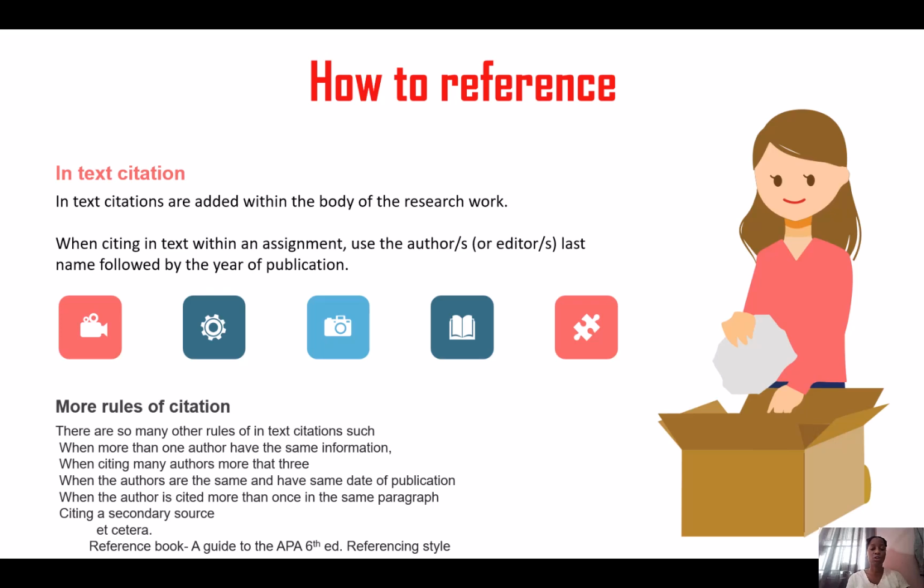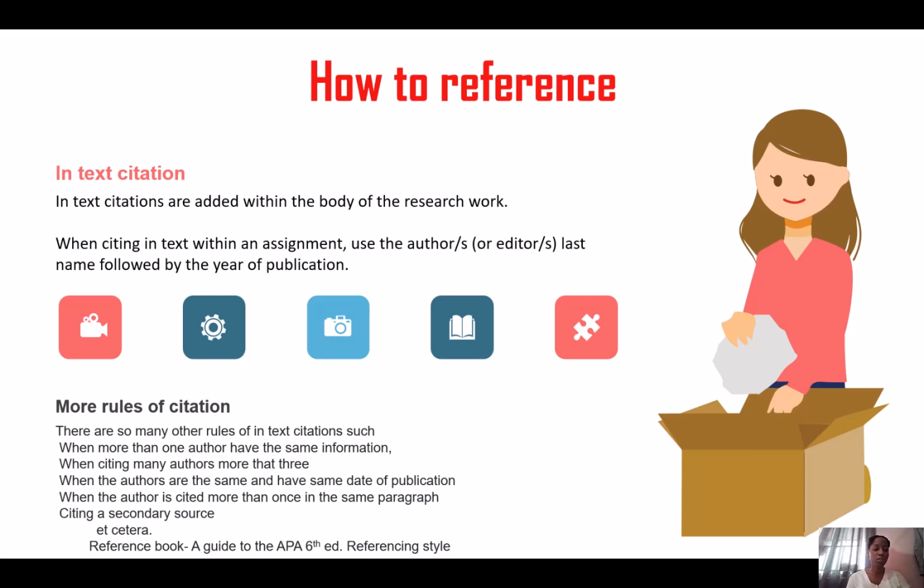You will see how to cite that kind of work, where you're citing two authors having the same information in your work. There's also citing many authors, more than three, or six, or seven, or eight, and we shall see how to put such a citation. Then when the authors are the same and have the same date of publication, we shall see how to cite that. These are all rules that you should read about.